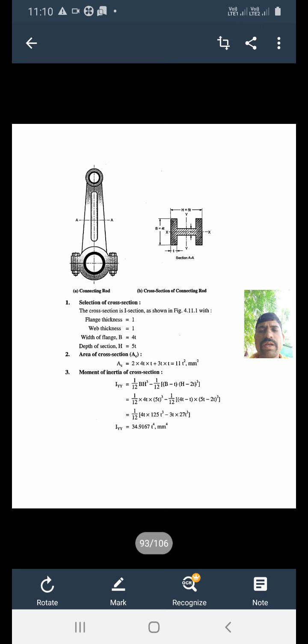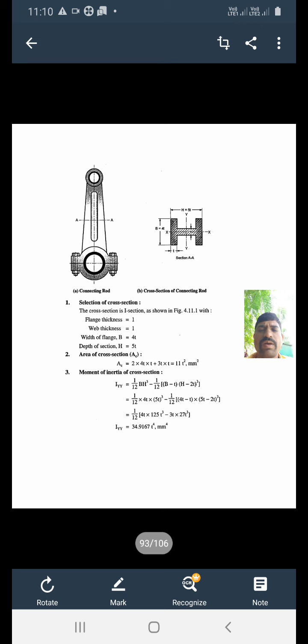Then moment of inertia of cross section. How to calculate the moment of inertia? We have seen in the SOM subject. IYY is equal to 1 divided by 12 BH cube, or BD cube; we can say D or H is used for the depth.